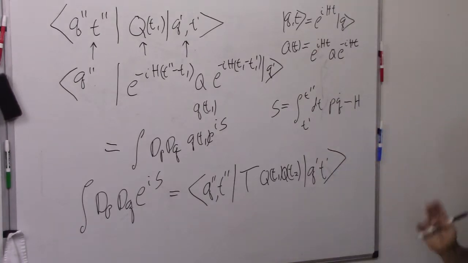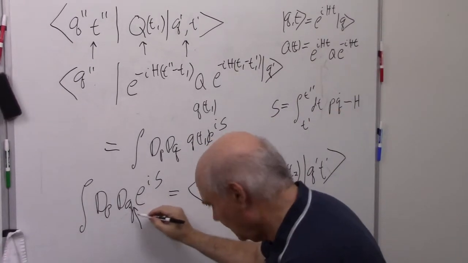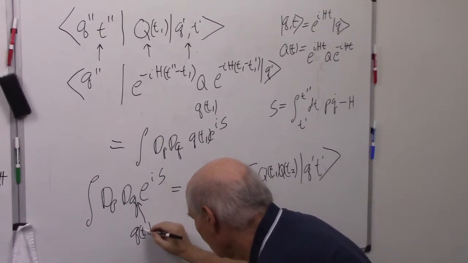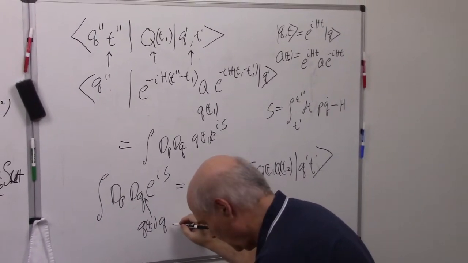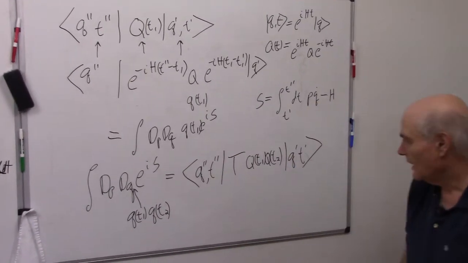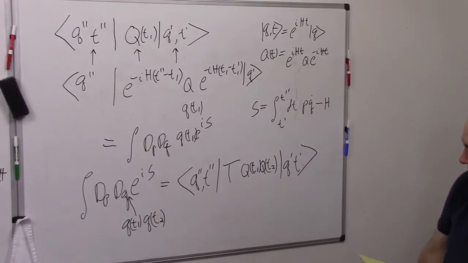Now what's going on here? Of course, I left out something very important here. So now we have what we wanted from over there, the time-ordered product, but where did it come from?